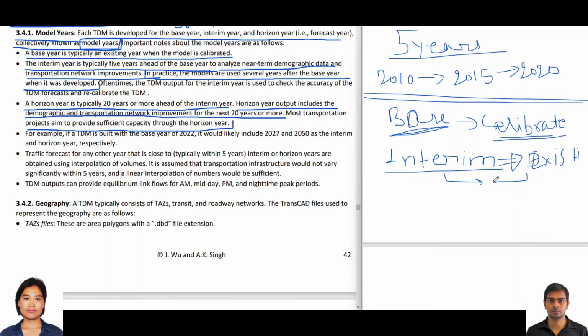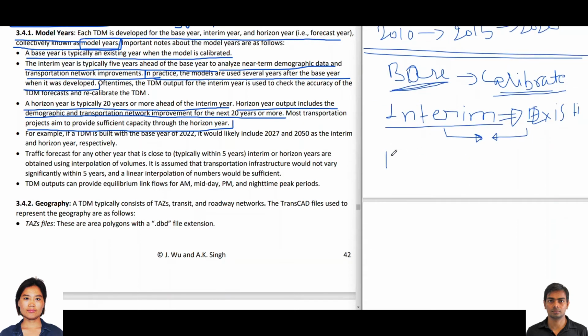By comparing the entry year model output with counts, we will know how good the travel demand model is and what kind of adjustments are needed. And then we look at the horizon or design year data, and we use this to do our capacity analysis or traffic analysis later on. So we develop the volume based on the horizon year, and then we work with the traffic operations and do many other things.